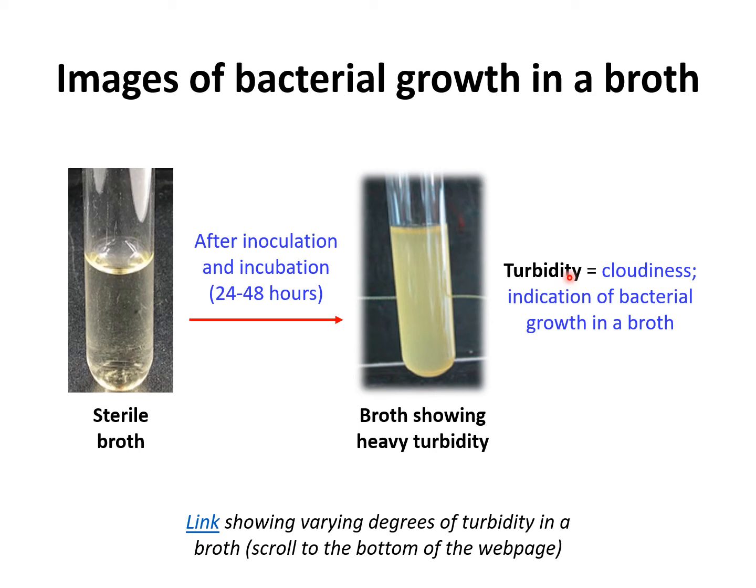If it's high, and your broth is really turbid, really cloudy, then again, it tells you that you have more bacteria growth. So again, the level of cloudiness can vary, and that will be an indication of your bacterial growth. Okay, this link right here, if you click on it and scroll all the way to the bottom of the web page, you are going to see images of low, moderate, and high turbidity growth in a broth.